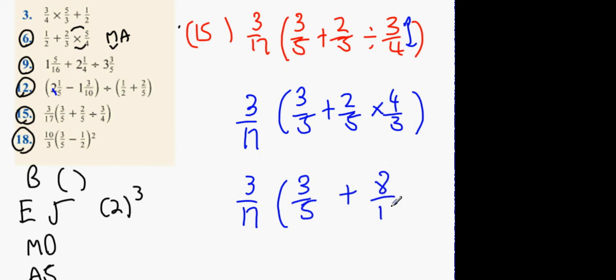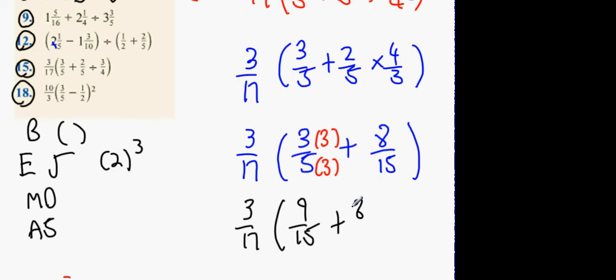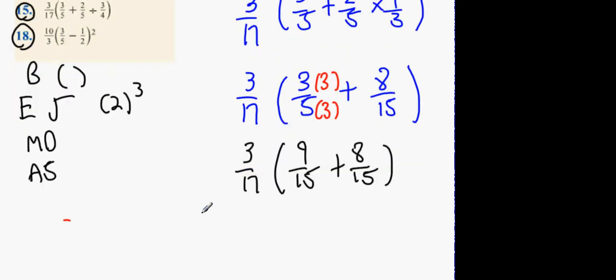What's the lowest common denominator between 8 15ths and 3/5? 15. So how do we turn 5 into 15? Multiply by 3 top and bottom, and what do we get? 9 over 15. So 3/17 multiplied by 9 over 15 plus 8 over 15. What's 9 over 15 plus 8 over 15? 17 over 15, good man.